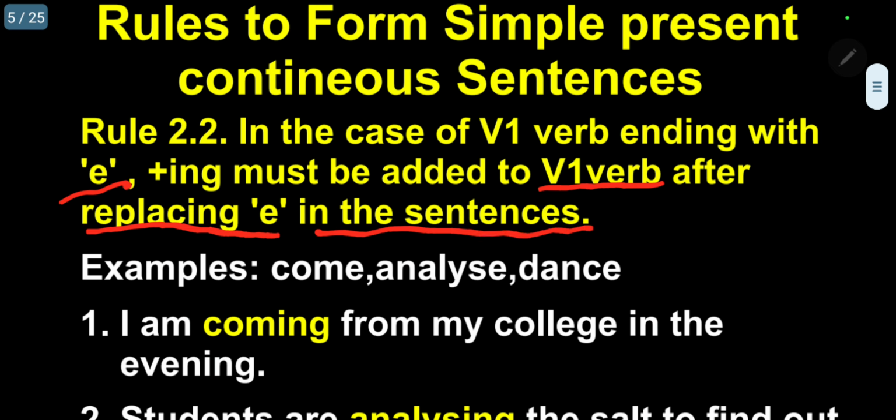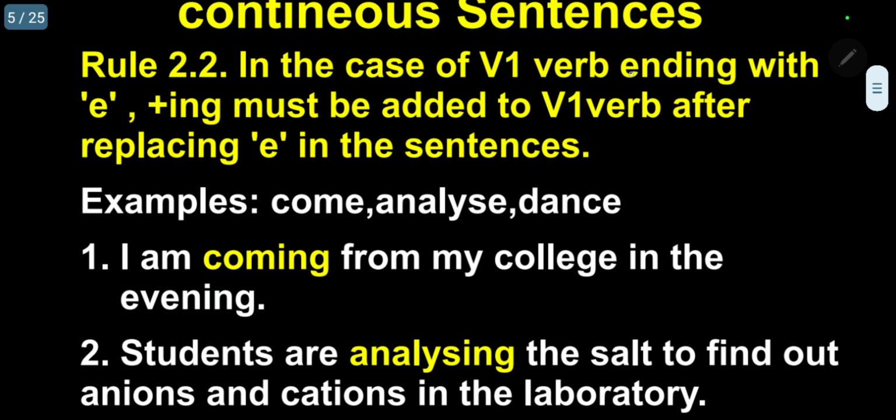அதாவது ஒரு verb ஈயில் முடியுமானால் அதை ing ஆக மாற்றும் பொழுது அந்த ஈ என்ற எழுத்தை எடுத்துவிட்டு நாம் ing ஆட் செய்ய வேண்டும். இதற்கு உதாரணமாக 3 எக்ஸாம்பிள் கொடுத்திருக்கிறேன்.